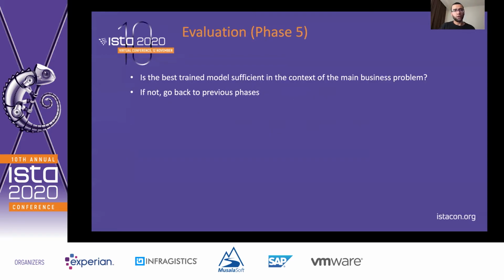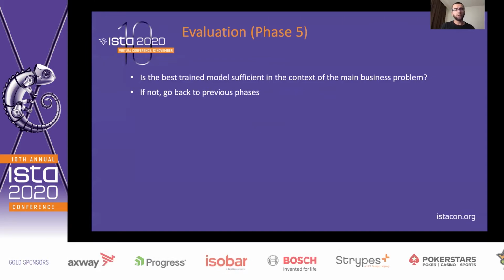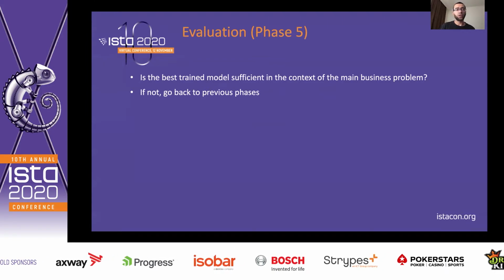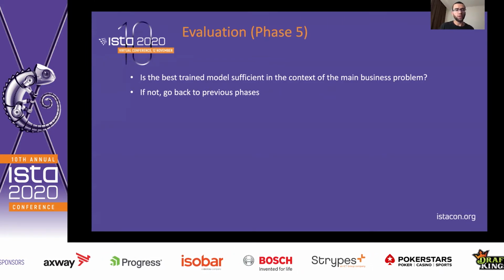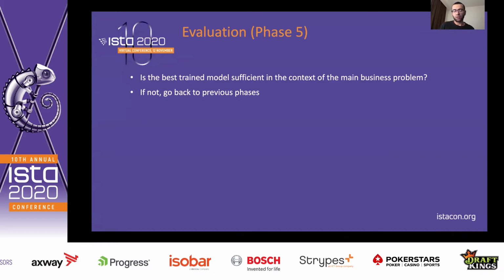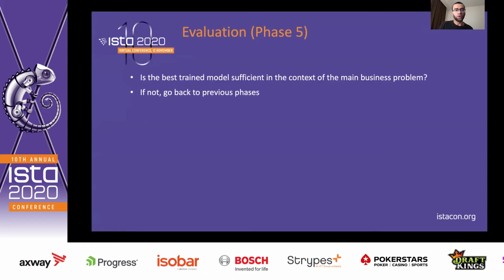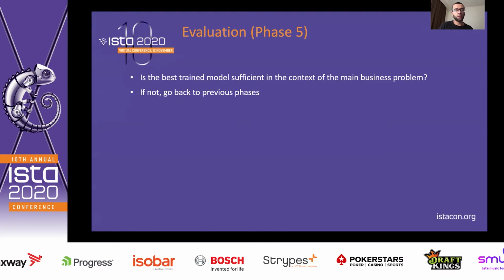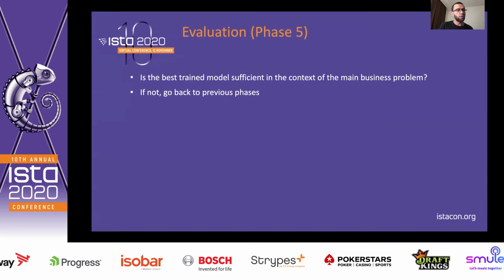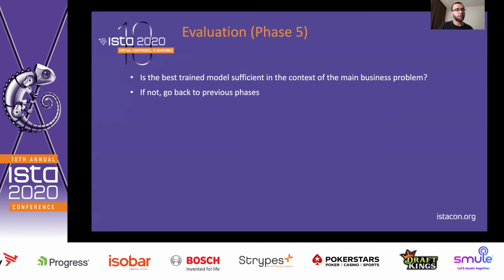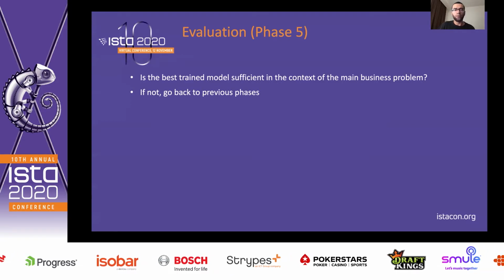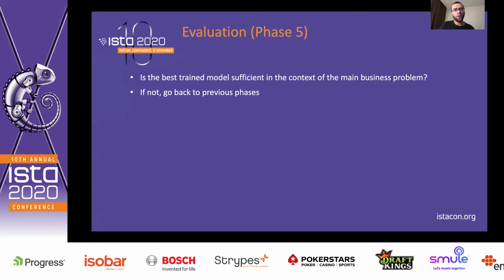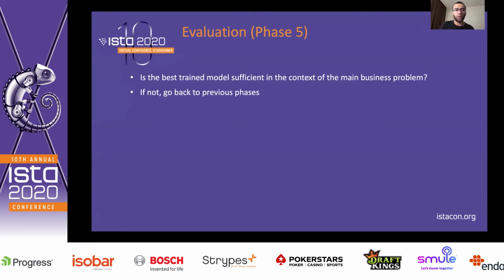In phase 5, we do evaluation. We see, is the trained machine learning model, the one we selected, sufficient in the context of our main business problem? Does it help us to solve our main business problem?